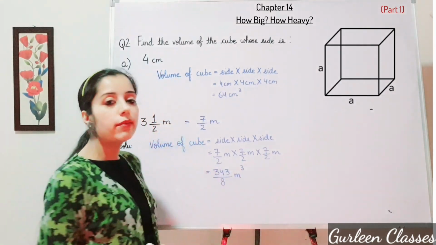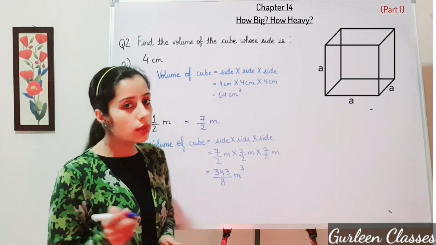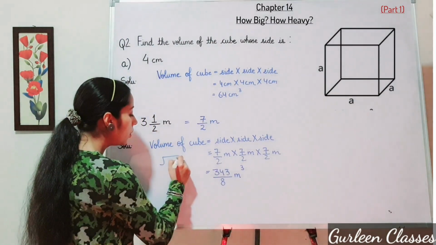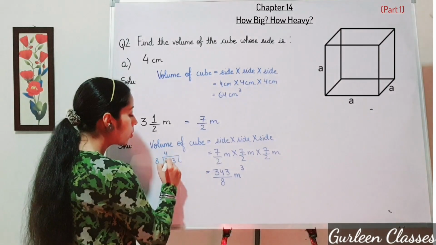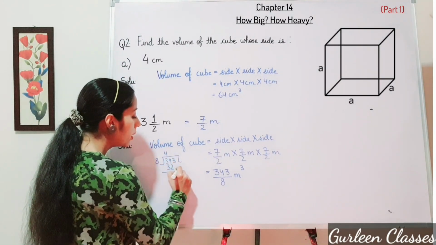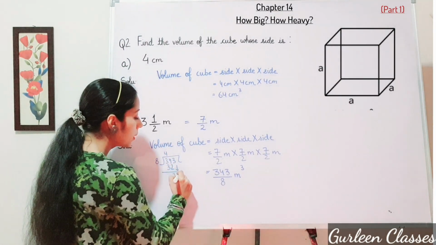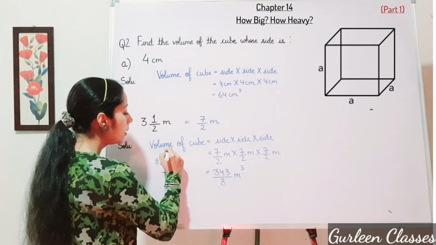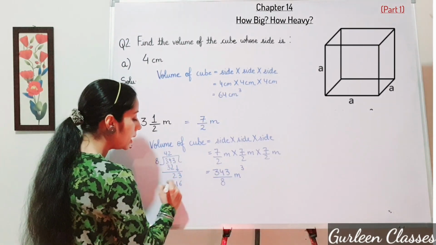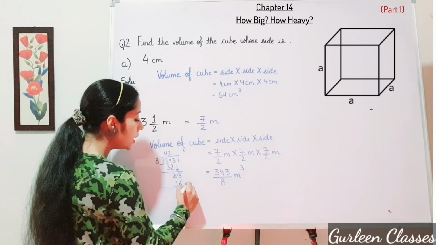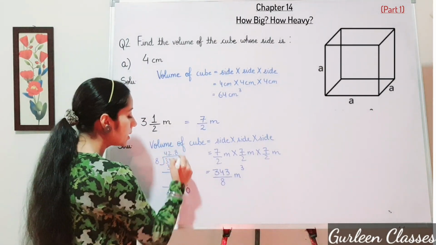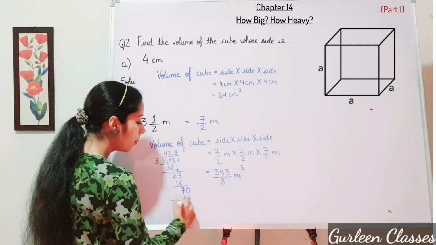So now we will divide 343 by 8. So let us divide here. 343 by 8. 8 fours are 32. 23. 8 twos are 16. Subtract here, it will be 7, 0. 8 eights are 64.